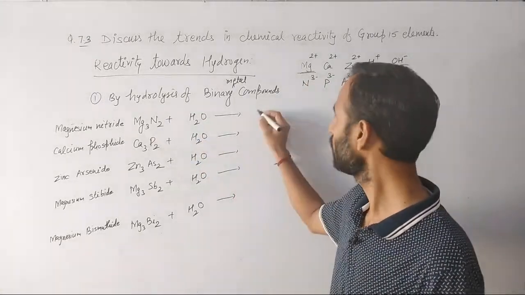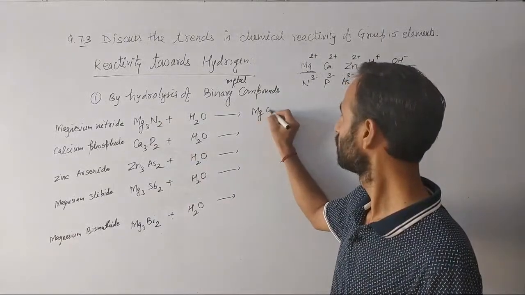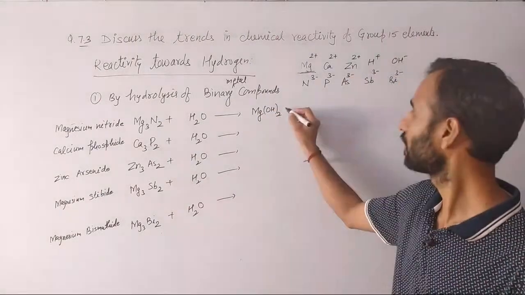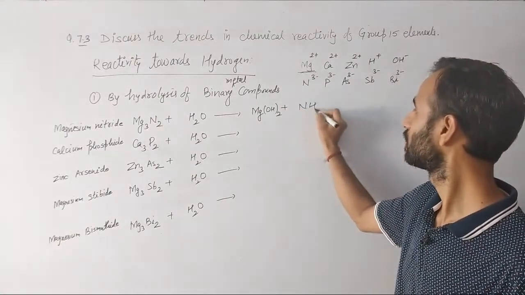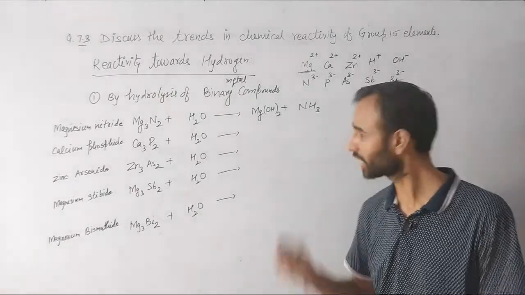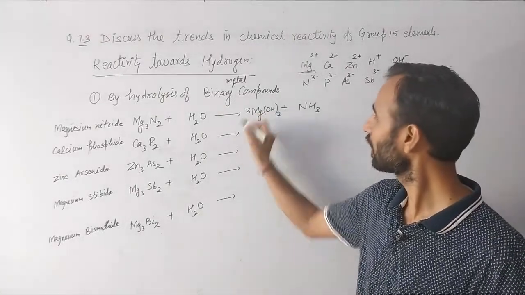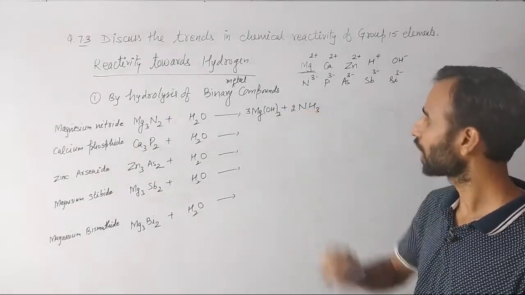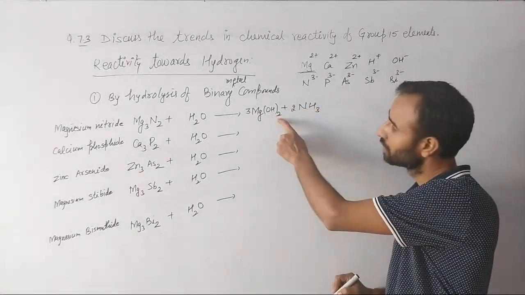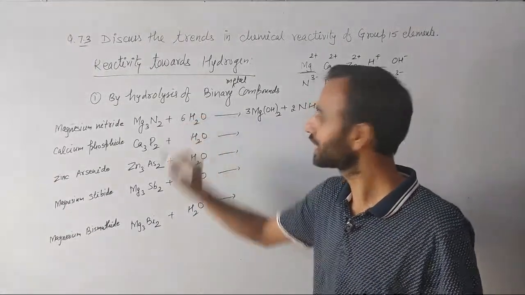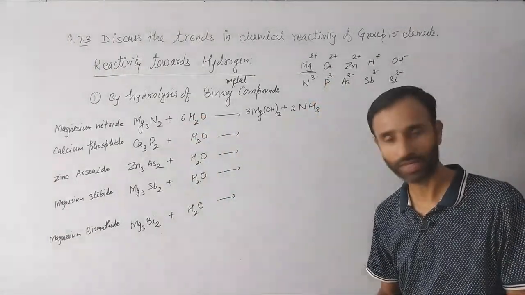So Mg(OH) twice, and nitrogen N3 negative, H plus NH3. So 3 Mg(OH)2 and 2 NH3. That means 3 to the 6. So obviously 6 H2O. Right?